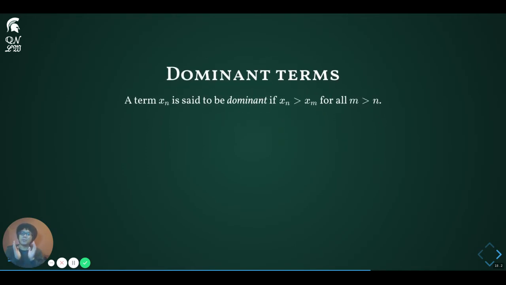The proof of this theorem is a bit complicated. It requires us to start from an arbitrary sequence and extract a monotone subsequence. What we will give is an algorithm to do this extraction. This algorithm has two steps. First, we will try to extract a decreasing subsequence using this idea of dominant terms.